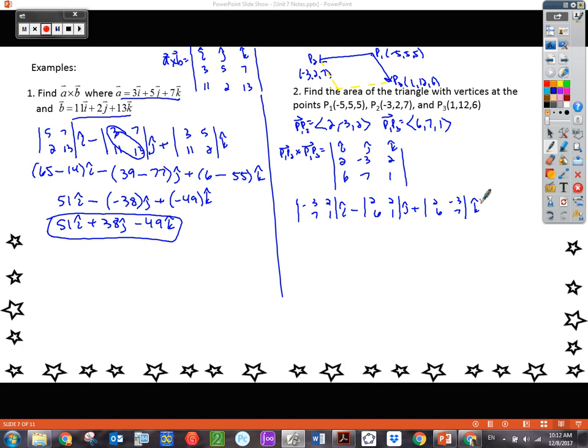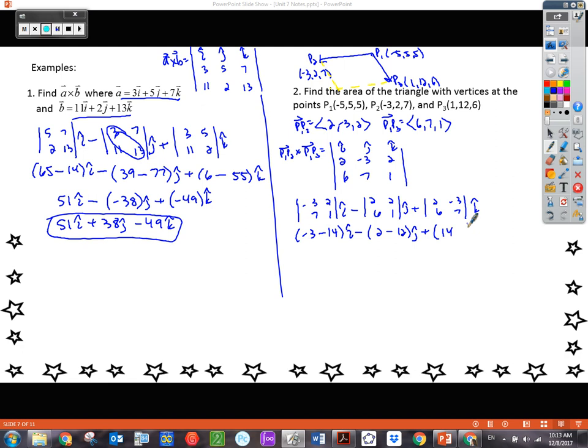Now we're going to do our multiplication, right? We do negative 3 times 1 gives us negative 3, minus 7 times 2 is 14, i. Minus 2 times 1 is 2, minus 6 times 2 is 12, j. Plus 2 times 7 is 14, minus negative 18.